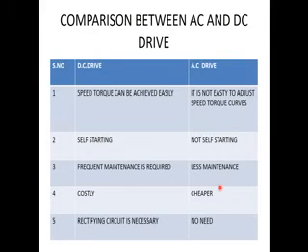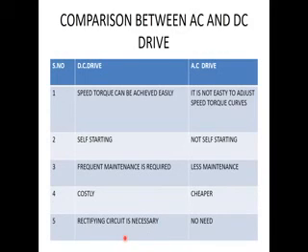The first difference: in DC drive, speed and torque can be adjusted easily, but in AC drive it is not easy to adjust speed and torque. DC drive is basically self-starting and AC drive is not self-starting. DC drive requires maintenance, but AC drive has less maintenance. The cost of DC drive is high, and AC drive is very cheap in comparison.